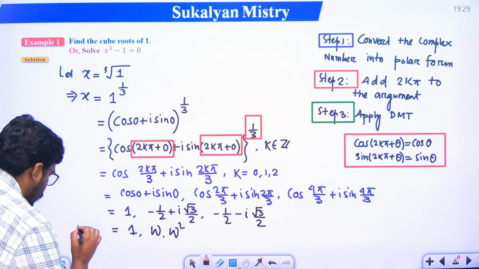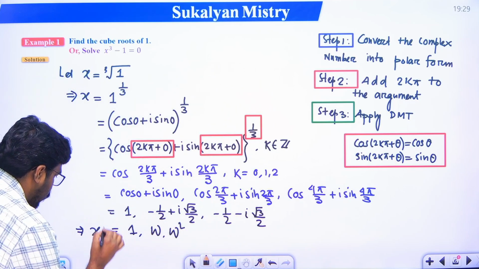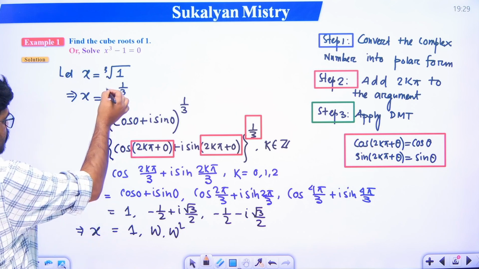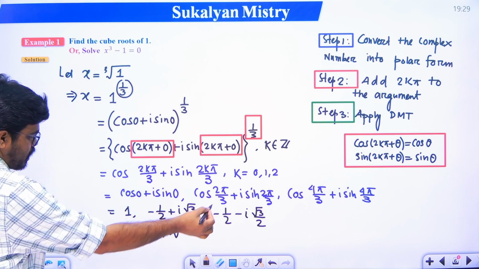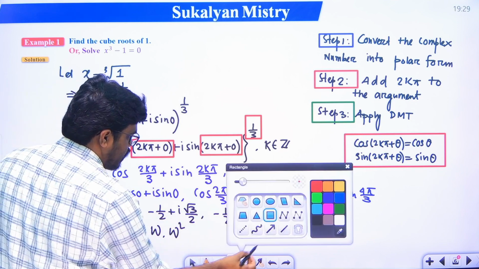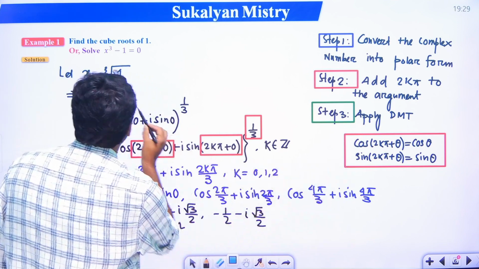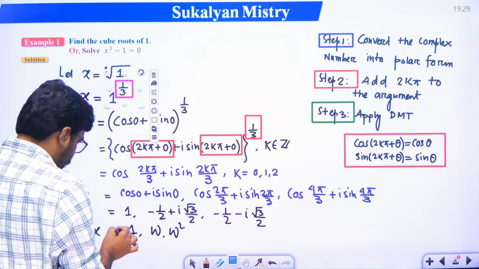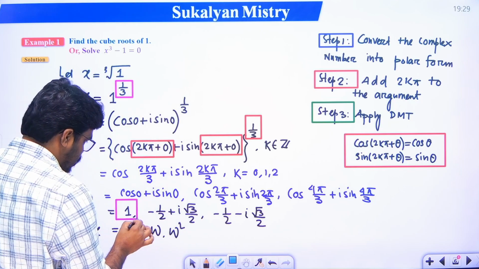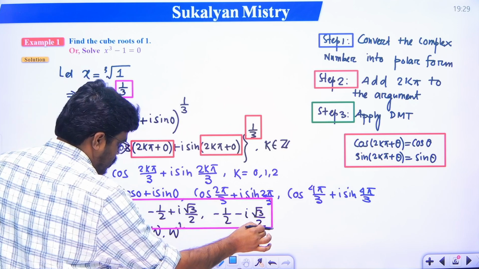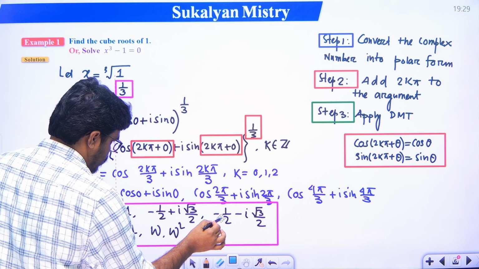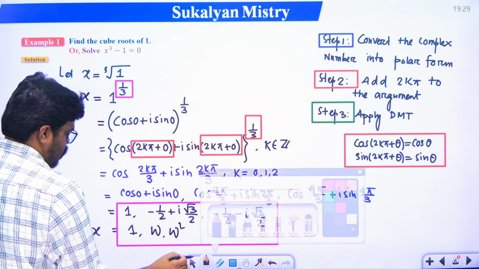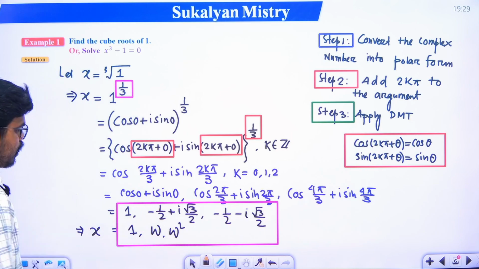Okay, so you see, when n is a proper fraction, we get 3 answers. Is it clear? When n is a proper fraction, we get 3 answers. 1, omega and omega square.